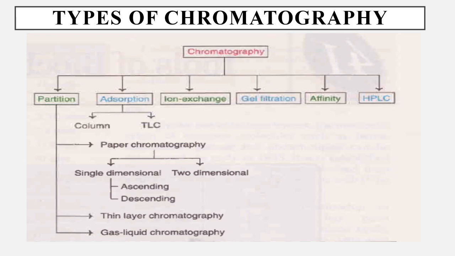Paper chromatography is divided into single dimensional, which may be ascending or descending paper chromatography, or two dimensional, meaning both ascending and descending. In this class we will briefly discuss paper chromatography, specifically ascending, and also thin layer chromatography.